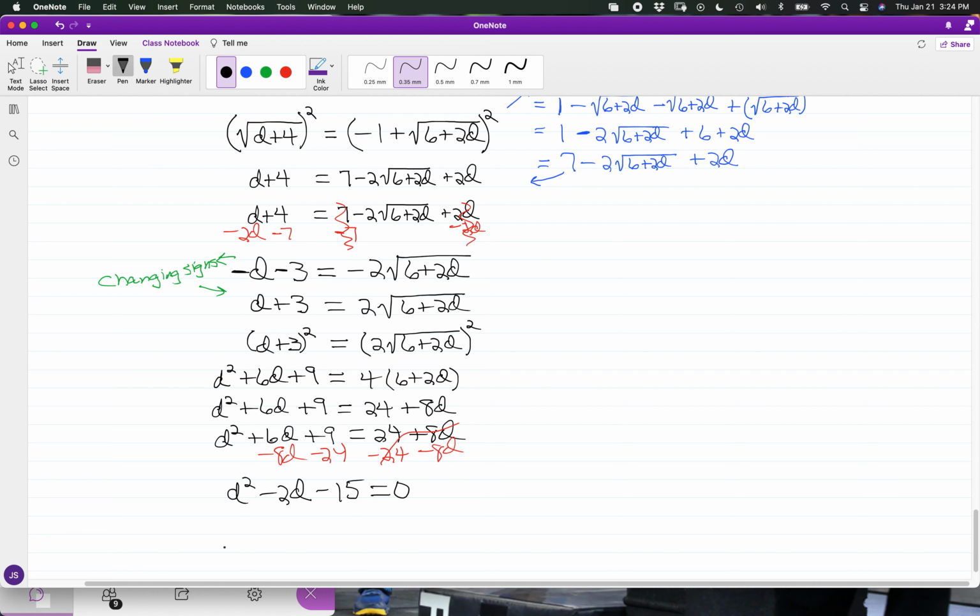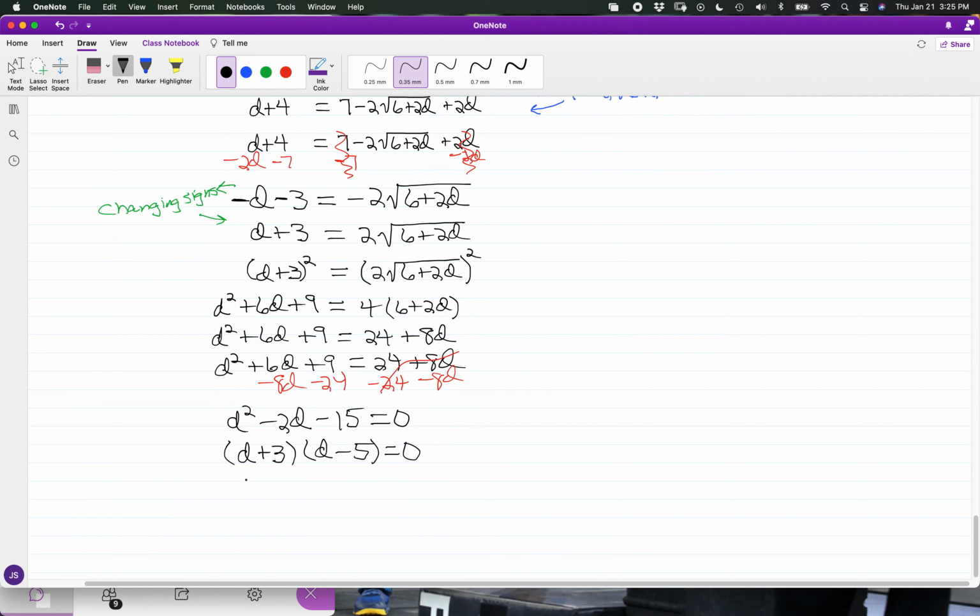And then factoring, we have D plus 3 and D minus 5. And for the zero product property, if I set D plus 3 to 0 and D minus 5 equal to 0, now there will be two apparent solutions with negative 3 and 5.